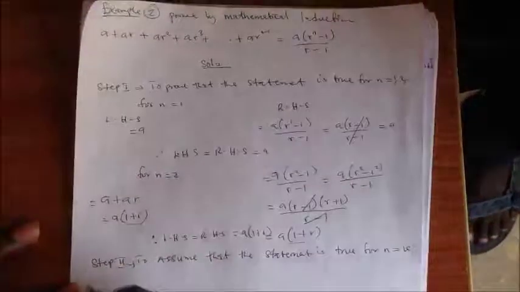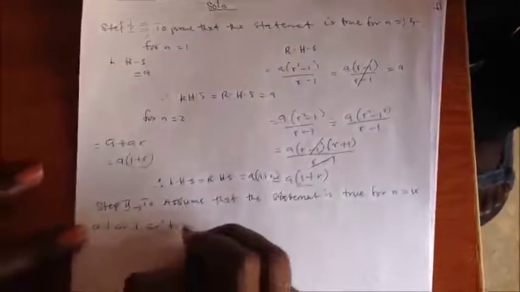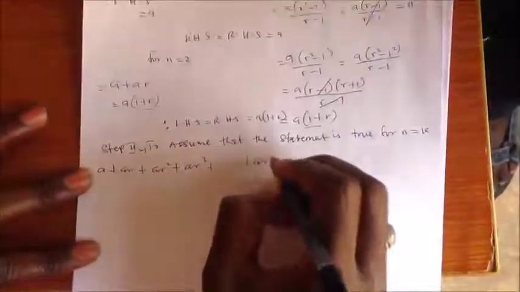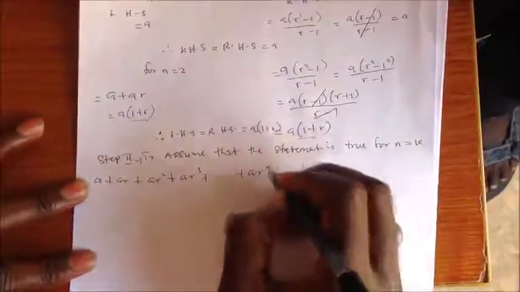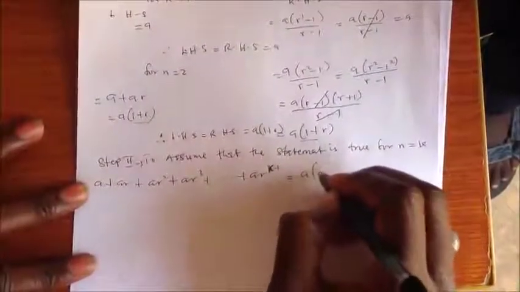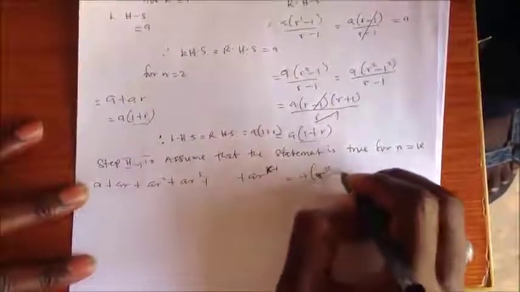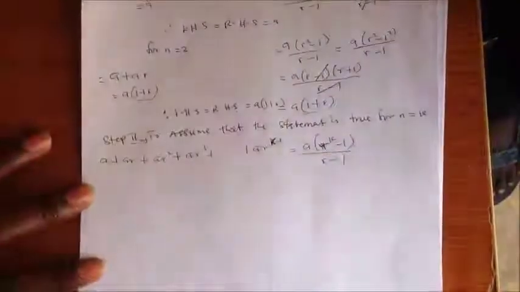So we have a plus ar plus ar squared plus ar cubed plus dash dash plus ar to the power k minus 1, which is equal to a into, here should be k, I'm sorry, r to the power k minus 1 all over r minus 1. So now this is all about this.